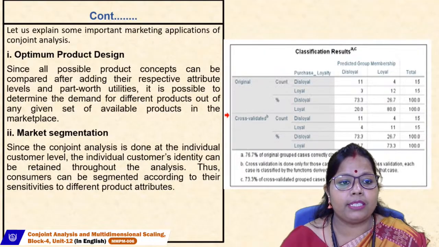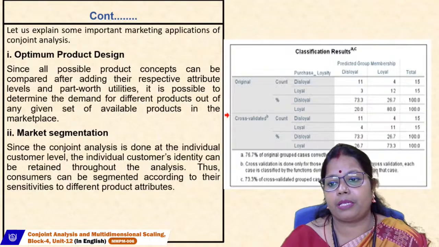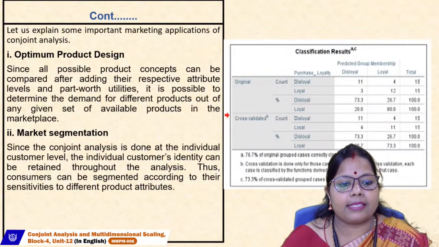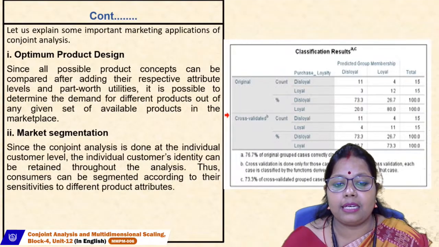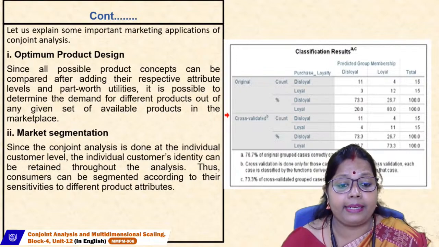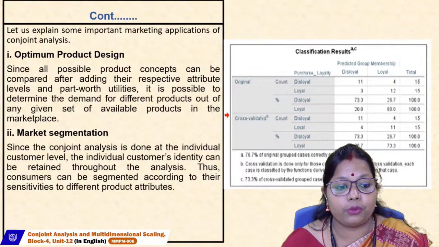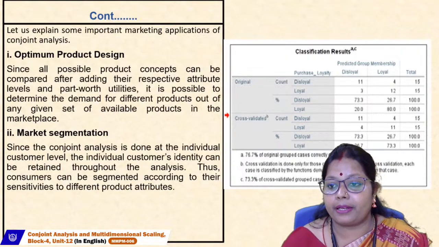It is possible to determine the demand for different products out of any given set of available products. The second one is market segments. Since conjoint analysis is done at the individual consumer level, the individual consumer's identity can be retained throughout the analysis. Thus, consumers can be segmented according to their sensitivity to different product attributes.